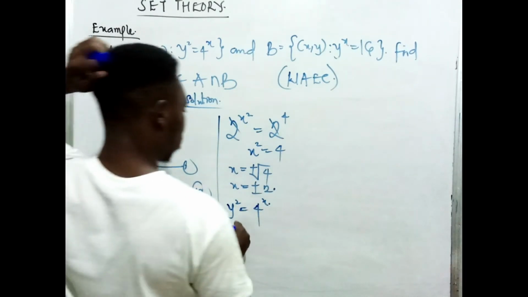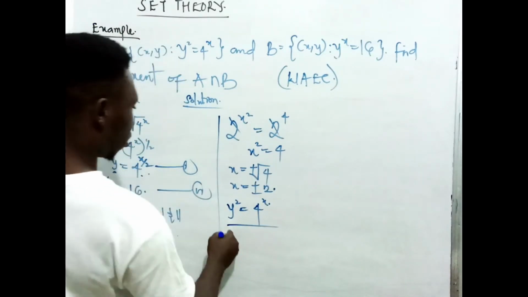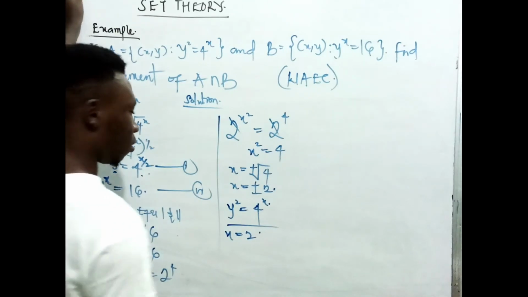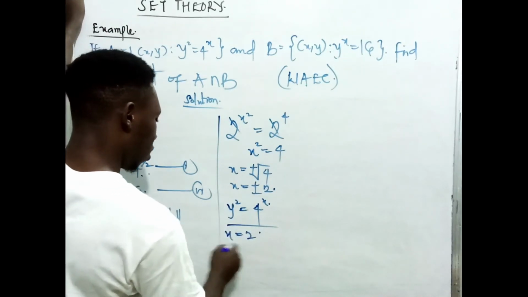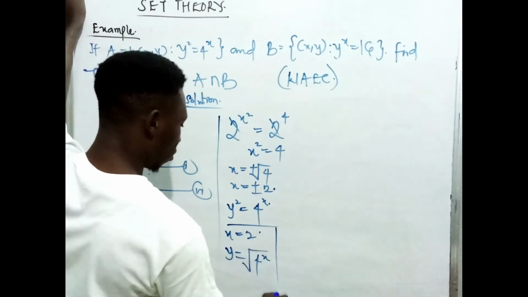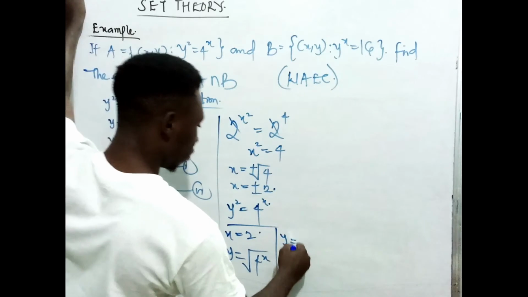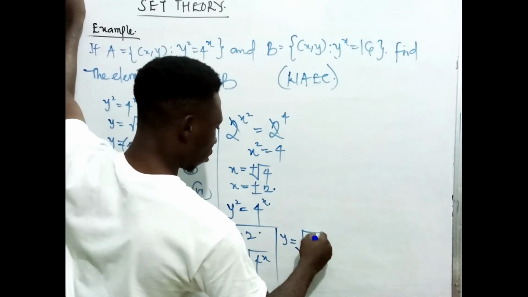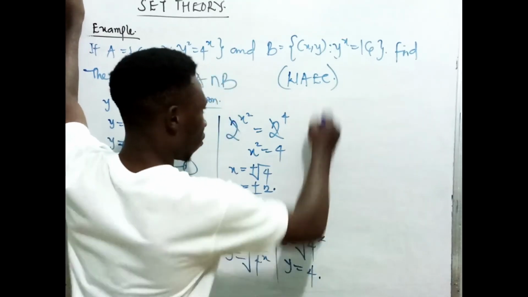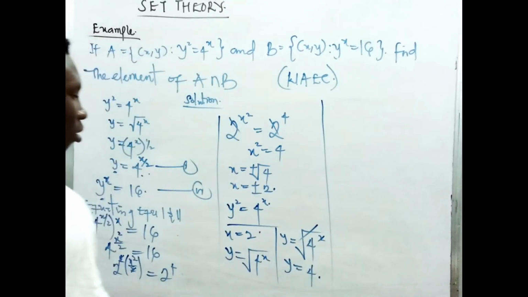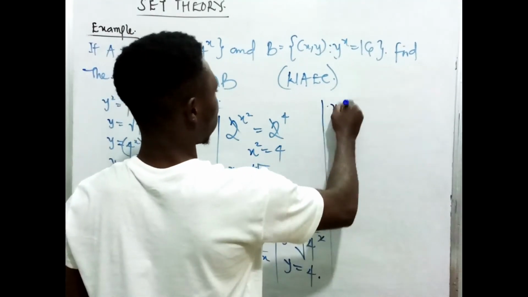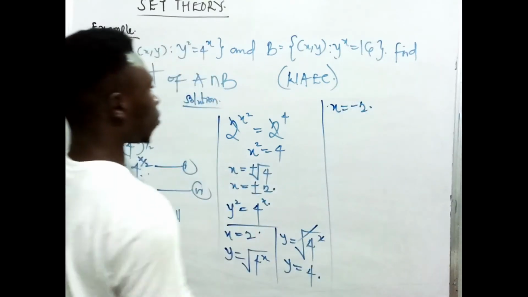So let's say when x is equal to 2, y is equal to square root of 4 raised to power x, which becomes y is equal to square root of 4 raised to power 2. This cancels out, so y is equal to 4.